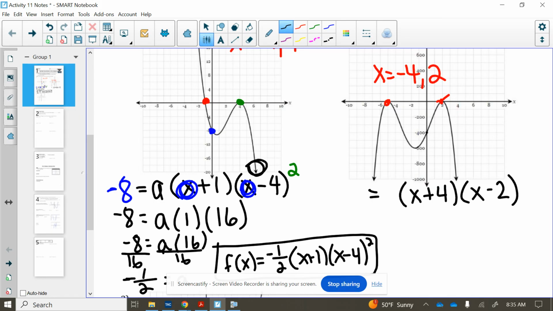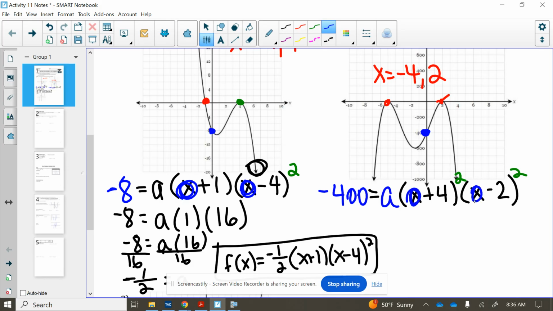And both of these, this time, have a bounce back, so both of them will have a multiplicity of at least 2, in this case, an even multiplicity because we're bouncing back. And again, that makes sense because a degree 4 polynomial would have these 3 turning points, and we see that same end behavior.